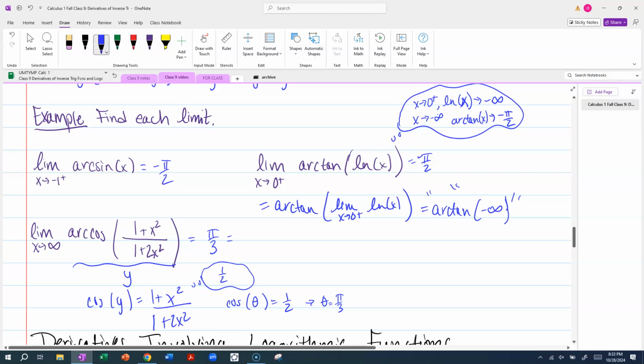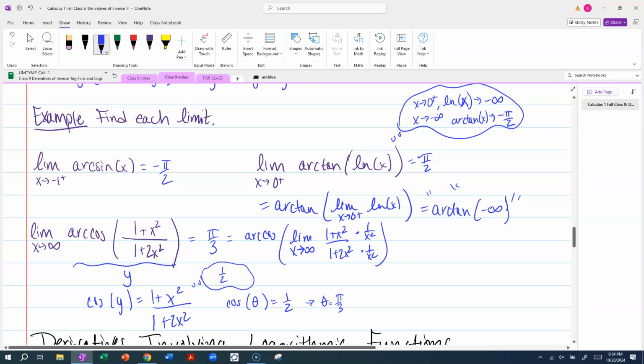What we could do is pass that limit into the interior of arc cosine and say this is arc cosine of the limit as x goes to infinity of 1 plus x squared over 1 plus 2x squared. Then we could multiply numerator and denominator by 1 over x squared.